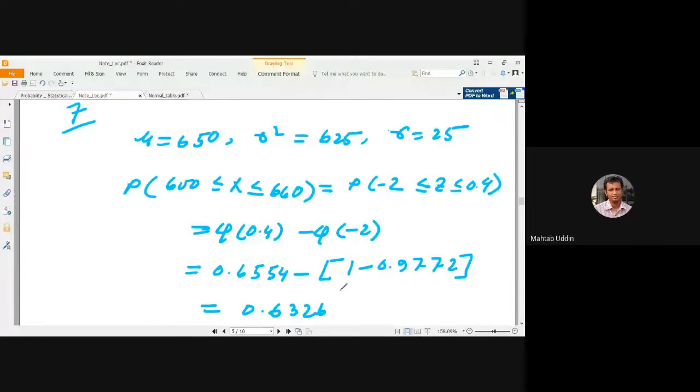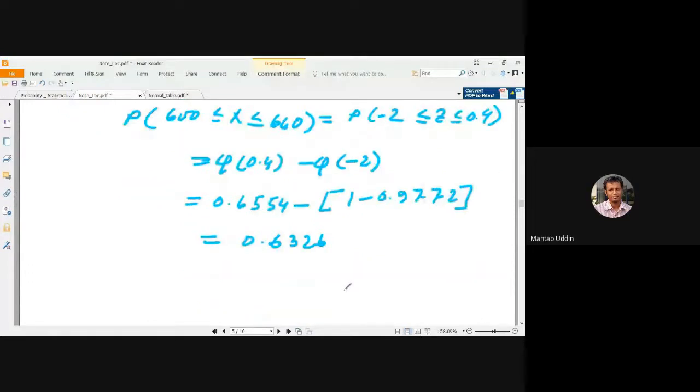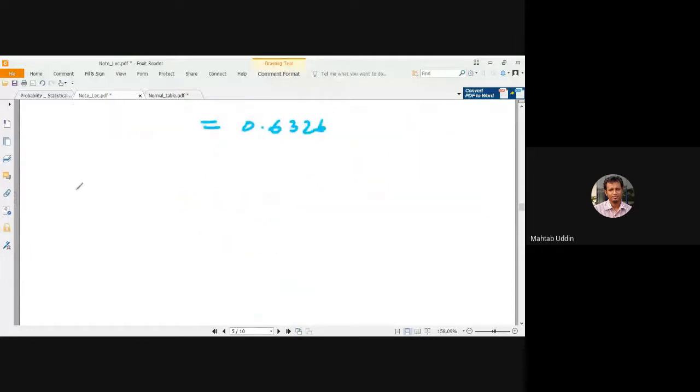Then the last part, and last part for today's class also: probability of absolute value of x minus 650 less than or equal c is equal to 0.9544.